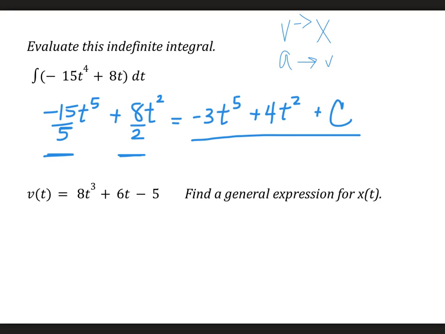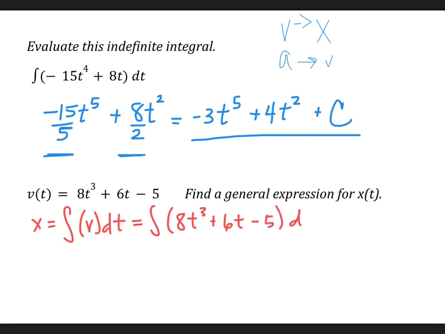So we could set up an equation, or a statement here, that says my function x, or you could write x of t, will equal the integral of this velocity function. Okay, so that's the general idea. So we are integrating 8t to the third power plus 6t minus 5. Okay, and now we'll go through and do this process up above.